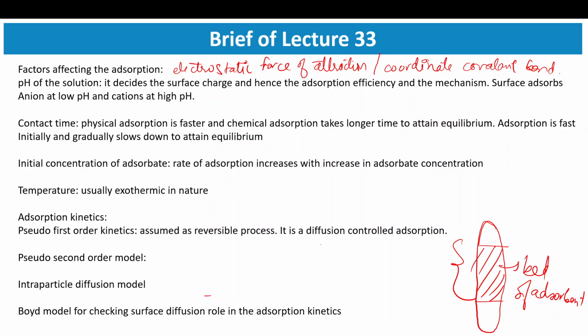Now let's look into the adsorption kinetic models. These models are very general and they have some basic assumptions behind them, for example, the first order kinetic model or the second order model. The first order kinetic model assumes that the adsorption is physical adsorption, so physical attraction happens and hence it is reversible.